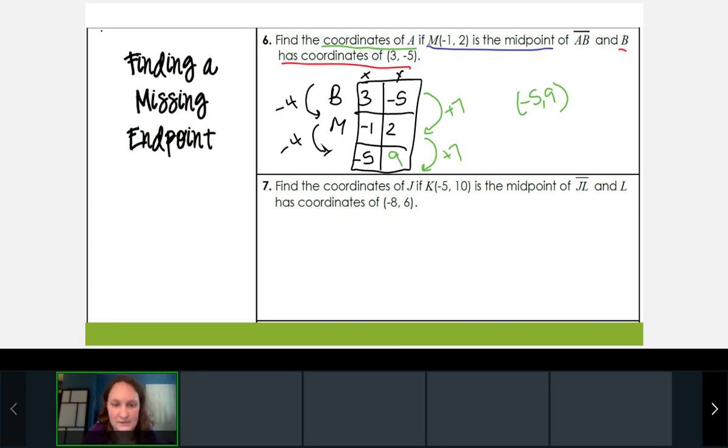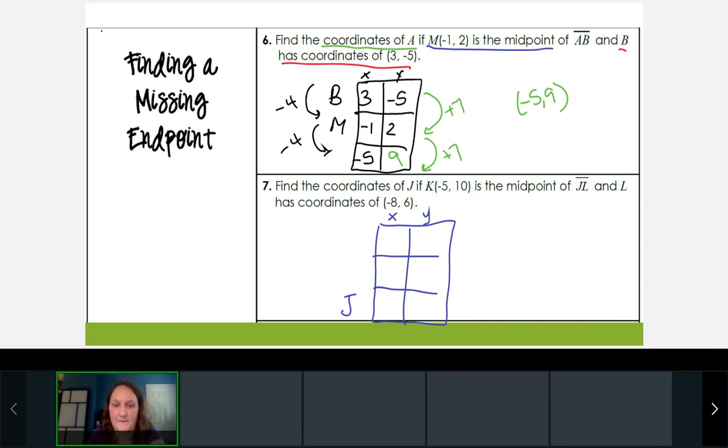Make a box. 2 columns, 3 rows. Column x's and y's. Now let's read the problem. Find the coordinates of J. Okay, J is an endpoint, so I'm going to put it right there.